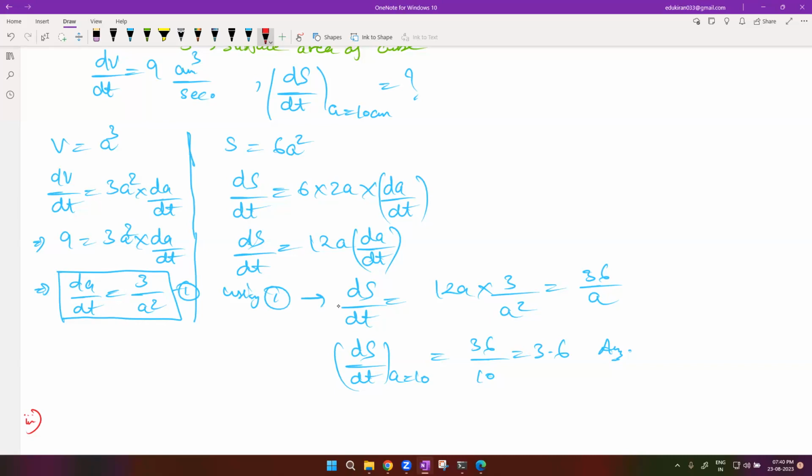So a stone is dropped into a lake, and waves are circular, right? And the waves are moving in circles at the speed of 5 centimeter per second.